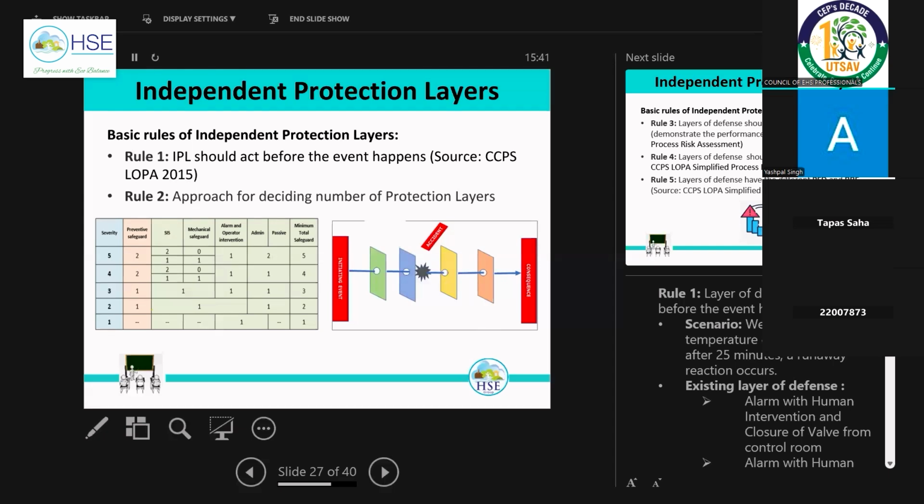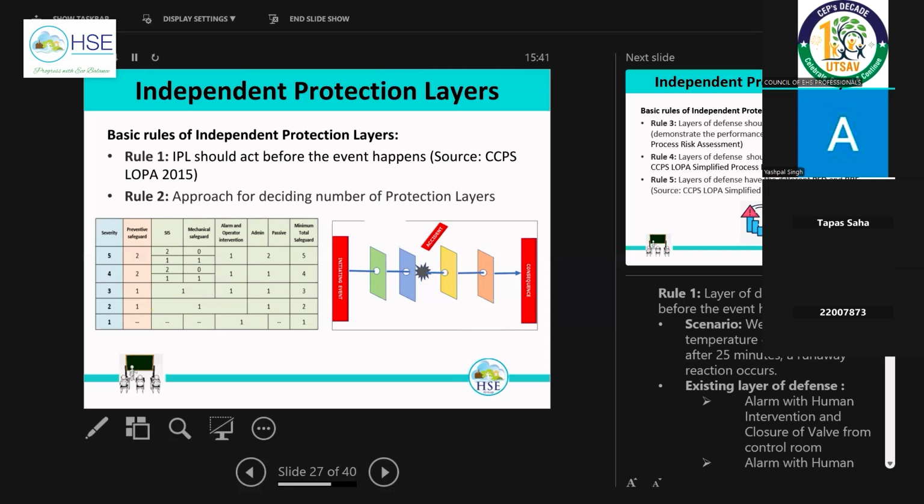requirement for severity 5. Why do we consider 2 SIS? Because if you check with your instrumentation team, nowadays we always design the DCS on a redundancy basis. If one system in the BPCS, the basic process control system, fails, the second can be considered in operation.